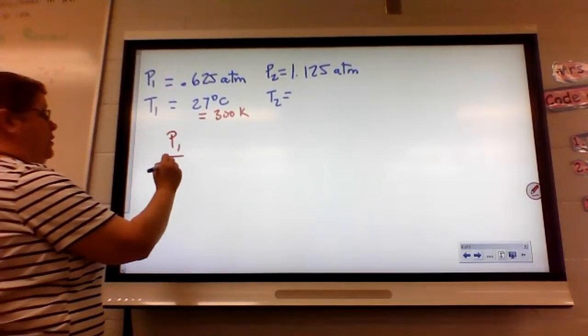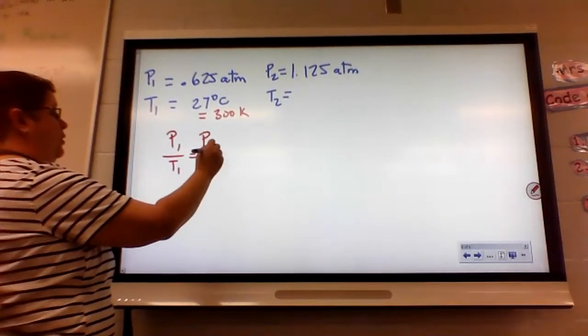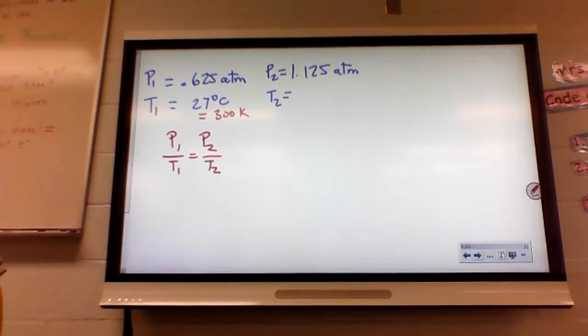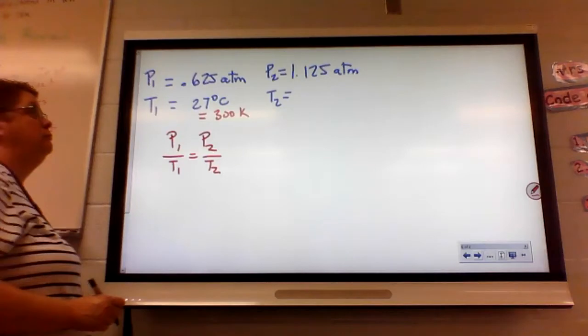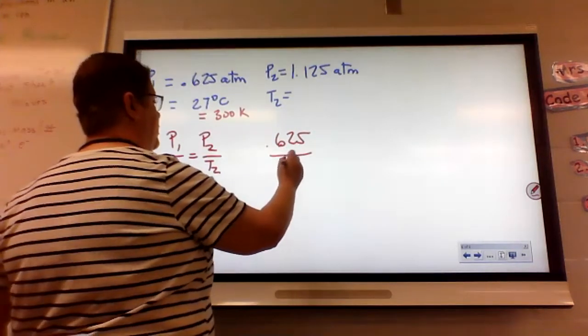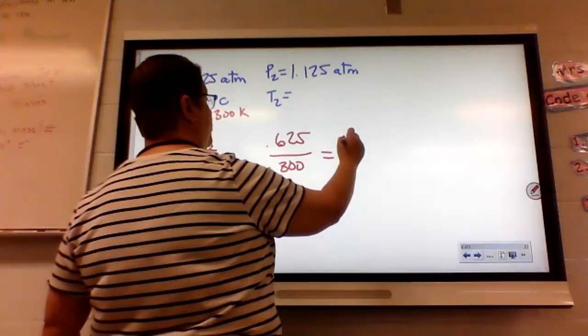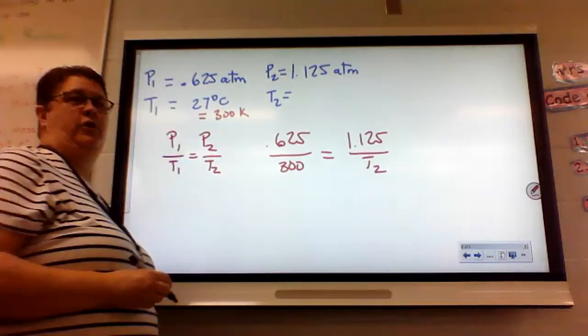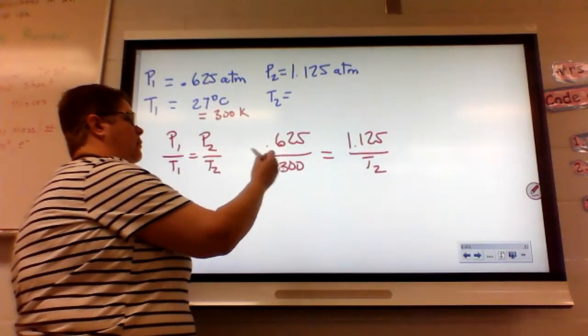So P1 over T1 equals P2 over T2. Pick the formula that has no V. So 0.625 over 300 equals 1.125 over T2. You good to go from there? You need me to finish solving it?